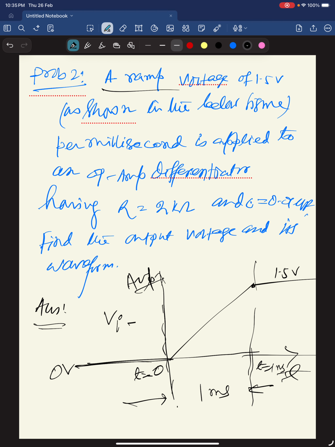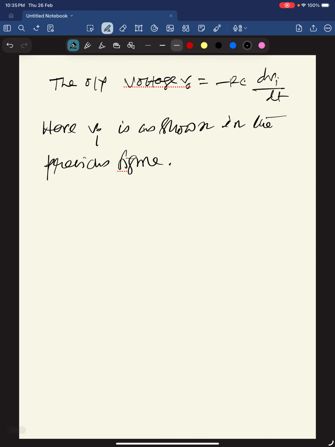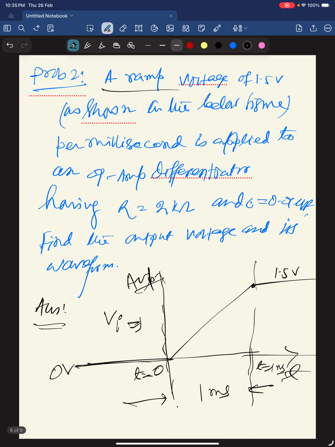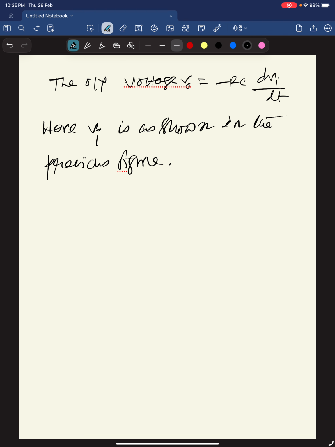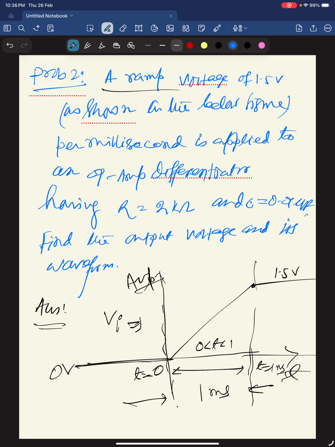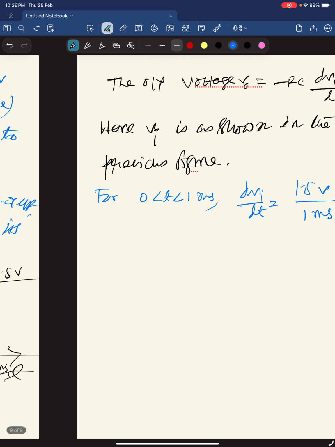This is only Vi, this waveform. Now t greater than 0 and t less than 1, in this range, for this time interval of 1 millisecond, dVi by dt is the voltage difference 1.5 volt divided by time 1 millisecond.